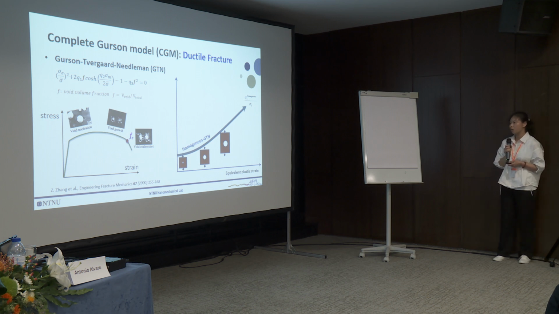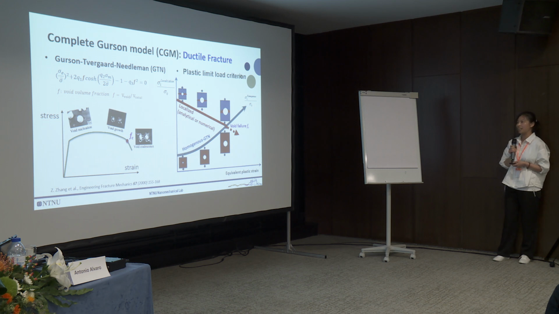To incorporate void coalescence, a localized deformation criterion was added. We can see here in the right figure, when the plastic strain is very small, the stress needed to trigger void coalescence is very big, while the stress for the homogeneous deformation is low. So in this sense, the blue curve is favorable, void growth is favorable until this intersecting point.